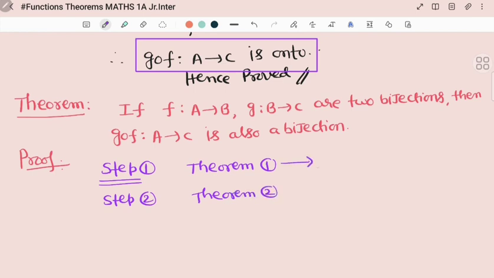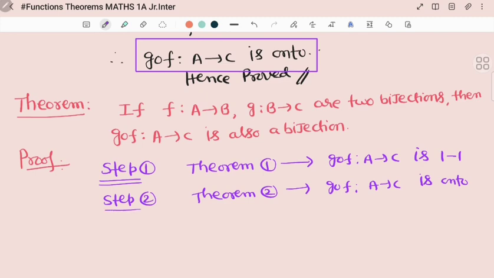Theorem number 1 indicates g circle f from A to C is 1-1. Theorem number 2 is g circle f from A to C is onto, or surjection, sorry.